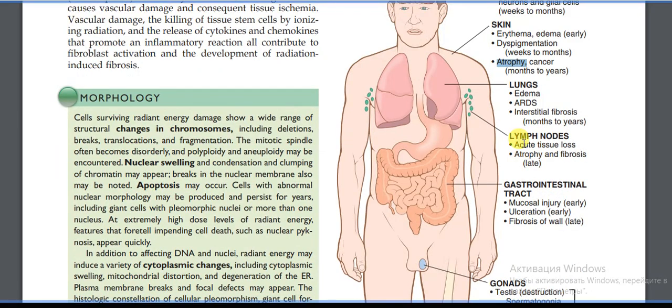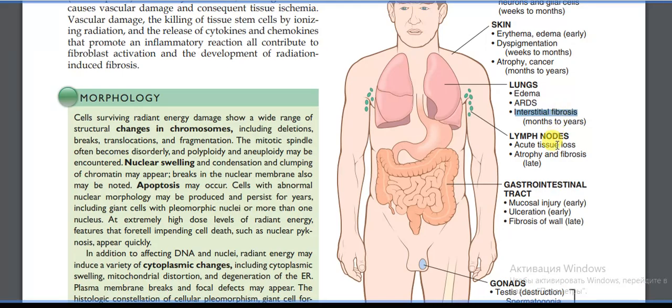Lungs. In lungs, due to injury, there is edema, the normal inflammatory edema effect, acute respiratory distress syndrome, which we'll also discuss in the respiratory system, and interstitial fibrosis. The same mechanism: alternatively activated macrophages after the lesion can cause fibrotic changes in the tissue.